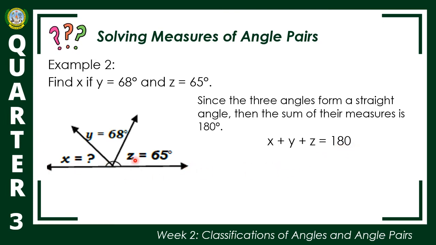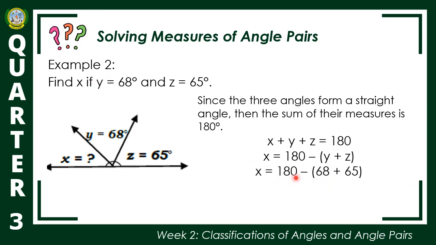So, para makuha natin yung x, ang gagawin natin is, i-add natin po yung y and z kasi given naman siya. Tapos, isusubtract natin from 180 degrees. Okay? So, isubstitute na natin yung given.